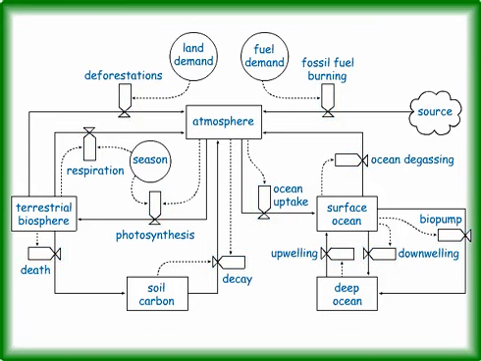In this case, carbon quantities in the atmosphere, ocean and biosphere are levels, and the activities such as photosynthesis, deforestation and ocean uptake are rates. This diagram in effect identifies the components which can be quantified and whose cause and effect relationships can be expressed in a mathematical formula.